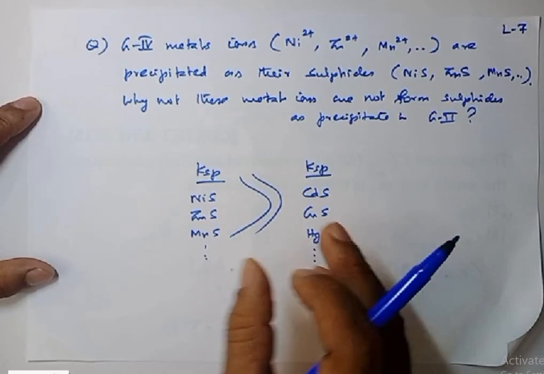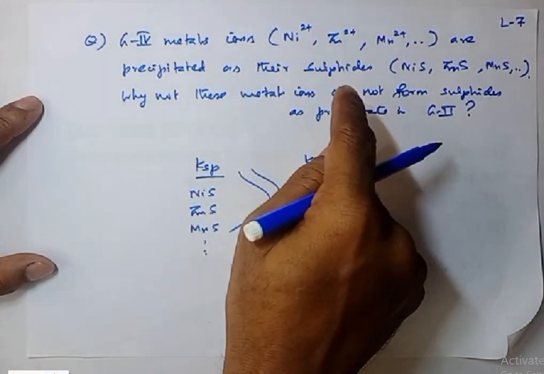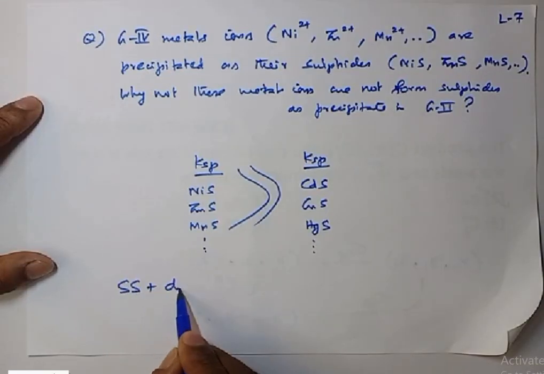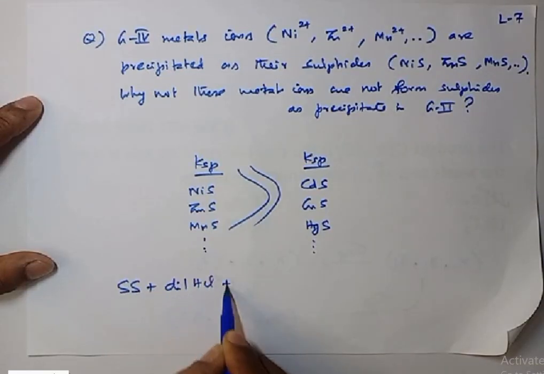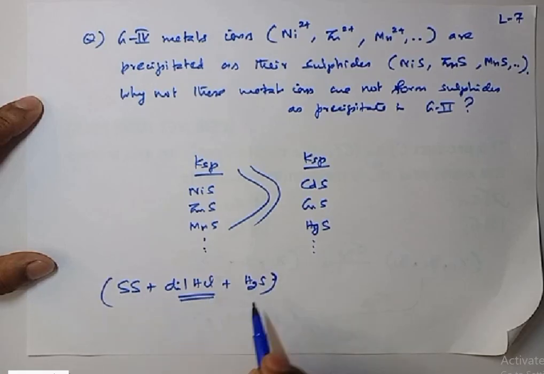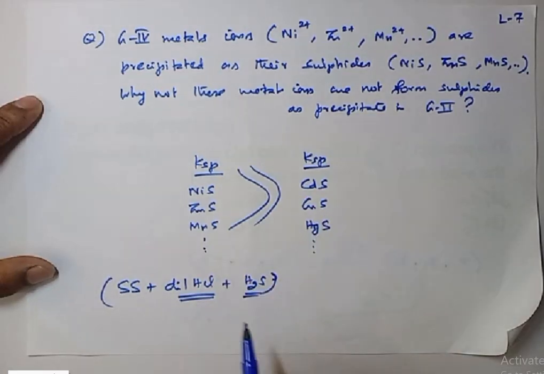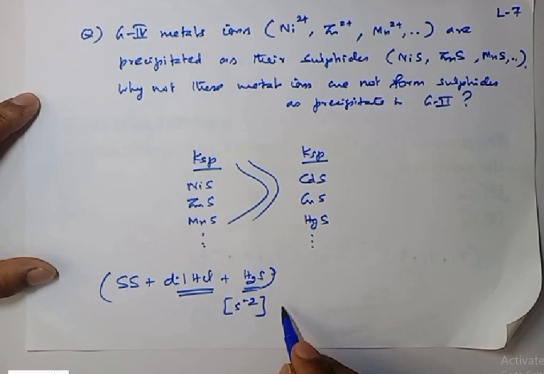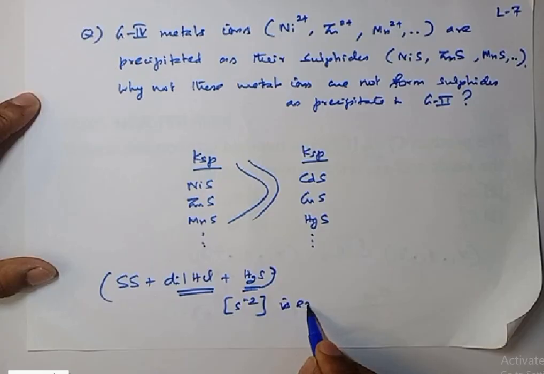So, the concentration of sulfide ion in group 2 analysis, you know very well. In group 2, we take salt solution, add dilute HCl, then pass H2S. In the presence of HCl, if you pass H2S, the concentration of sulfide ion in the solution will be extremely low.